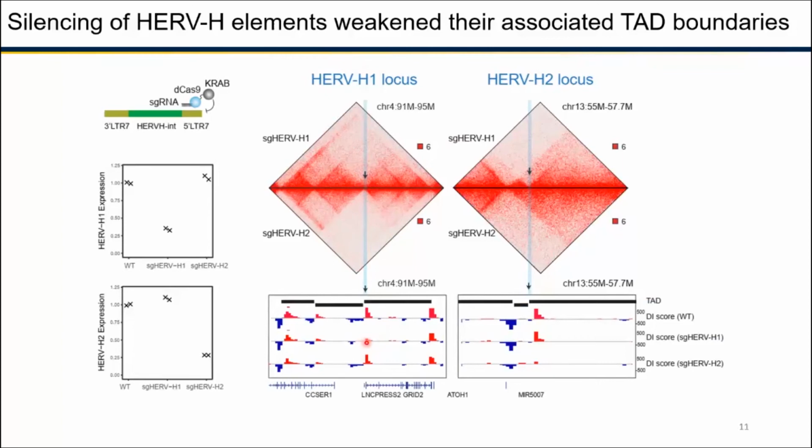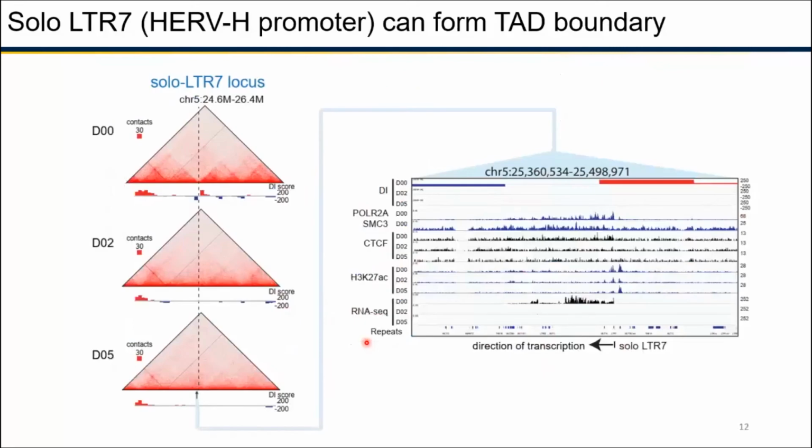However, it does not distinguish whether the transcriptional activity itself or the HERV-H RNA product is involved in forming the TAD boundary. To address this question, we further analyzed the solo LTRs in the genome. Solo LTRs are single LTRs, which is the HERV-H promoter, without any HERV-H internal sequences. They were proposed to result from unequal homologous recombination.